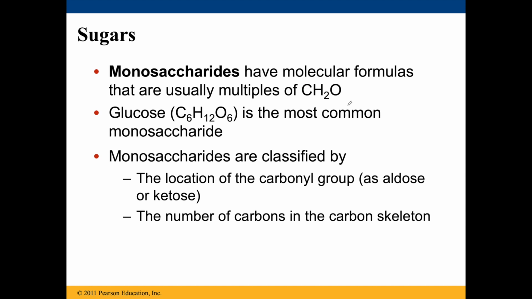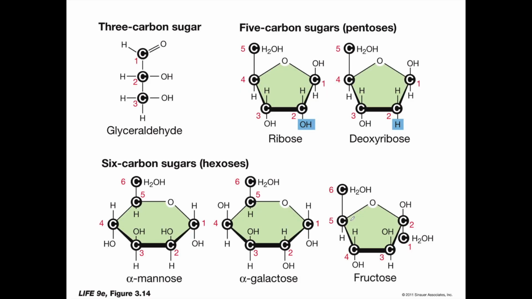Now, there are different monosaccharides, and they can be classified based upon the location of the carbonyl group as aldose or ketose. Okay, pretend I did not say that. If you want to learn about that, take chemistry. Or they can be classified based upon the number of carbons in the carbon skeleton. So, for example, these are all monosaccharides, built out of different numbers of carbons.